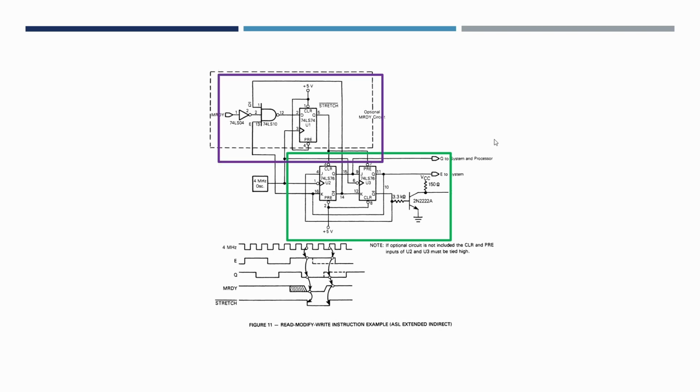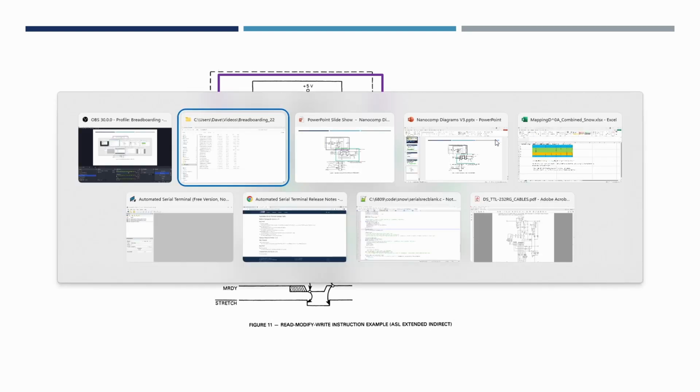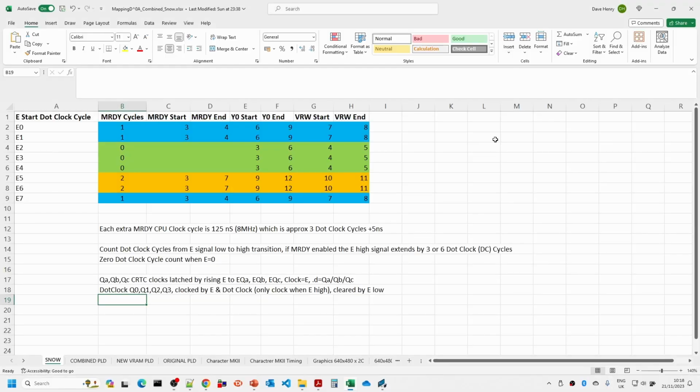If you remember last time, I did a rather scruffy diagram of the various timing signals, and what I have done now is tied that up a little bit. So this summarizes the signals that we need. What we were looking at is the varying dot clock cycle through the CRTC depending on which clock cycle the E signal went high.